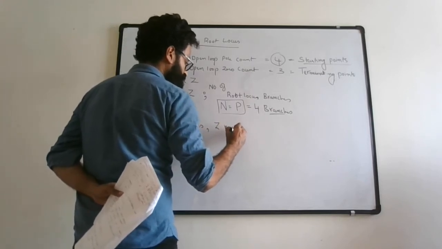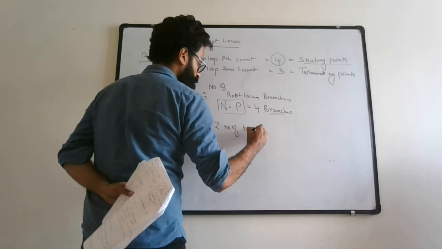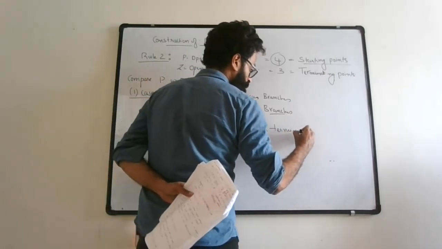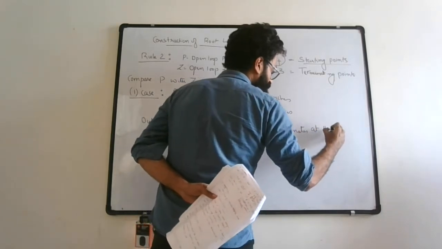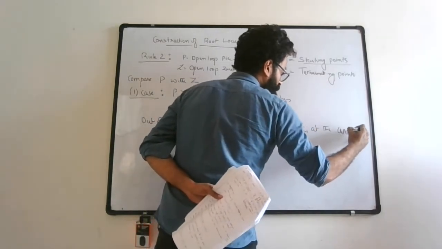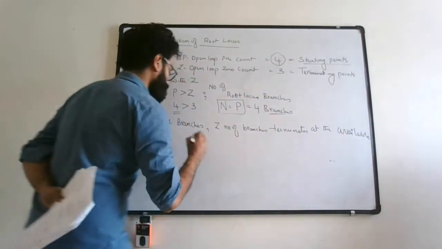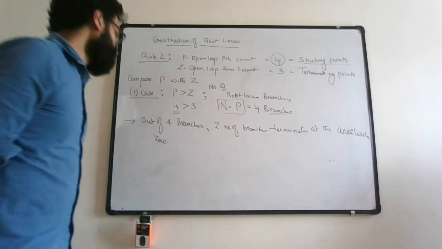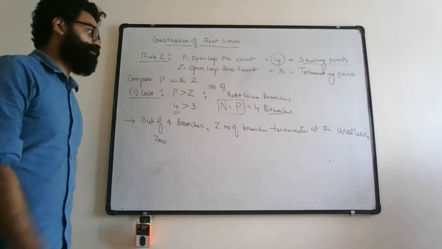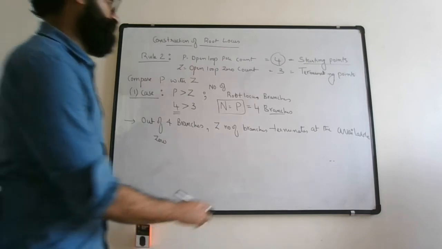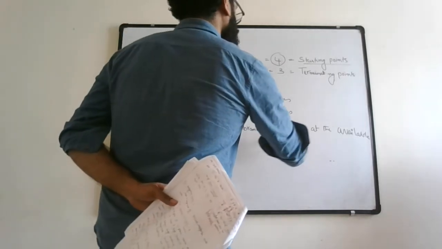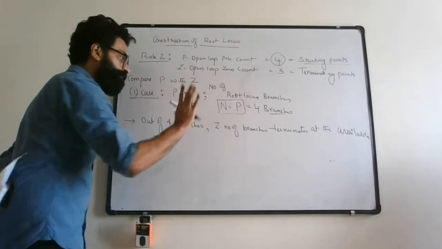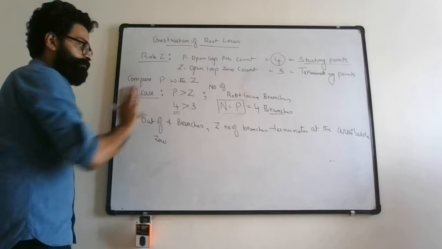Z number of branches terminate at the available zeros. What do you mean by that? How many branches did you have? 4 branches. And how many zeros did you have? 3 zeros.